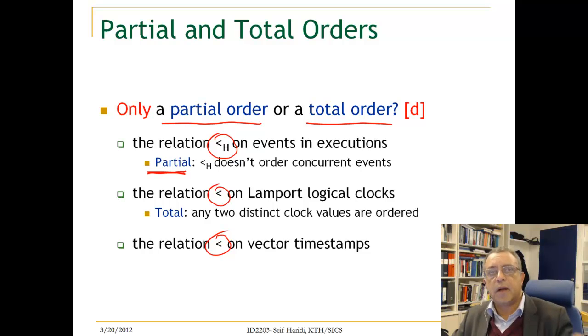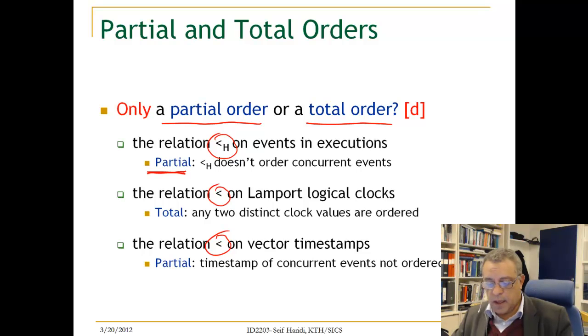If the events are partially ordered, we know that the timestamps should be related, that one precedes the other. Whereas with vector timestamps, we know it's a partial order, and we know that concurrent events are not ordered.